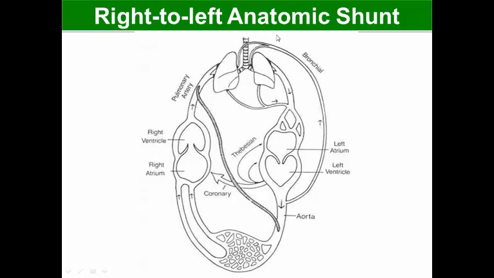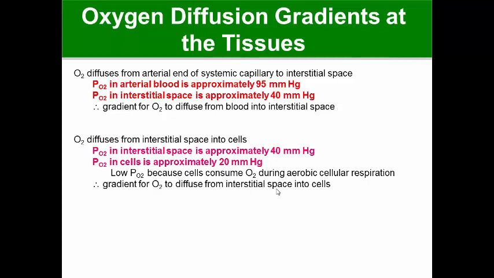So these are the bronchial veins. This is part of the systemic circulation. They drain directly into the pulmonary veins. So at the level of the tissues, there is a diffusion gradient for oxygen and also for carbon dioxide.